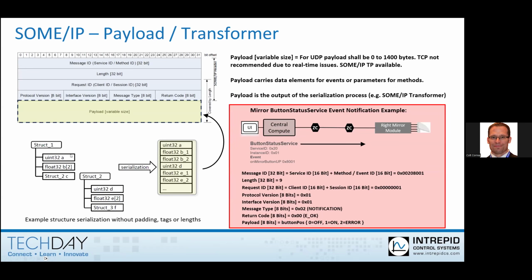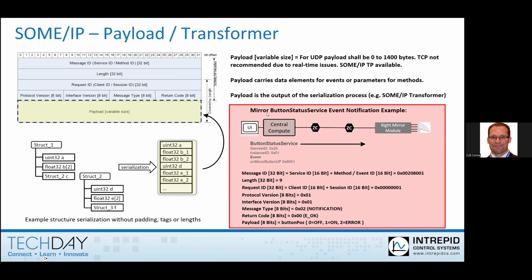So the question is how do we take all of this structured data and put it in a serialized format that can be sent over Ethernet on a single twisted pair, and then unpack it at the other end. That's essentially what a transformer is. The transformer sets up rules on how to pack things in.